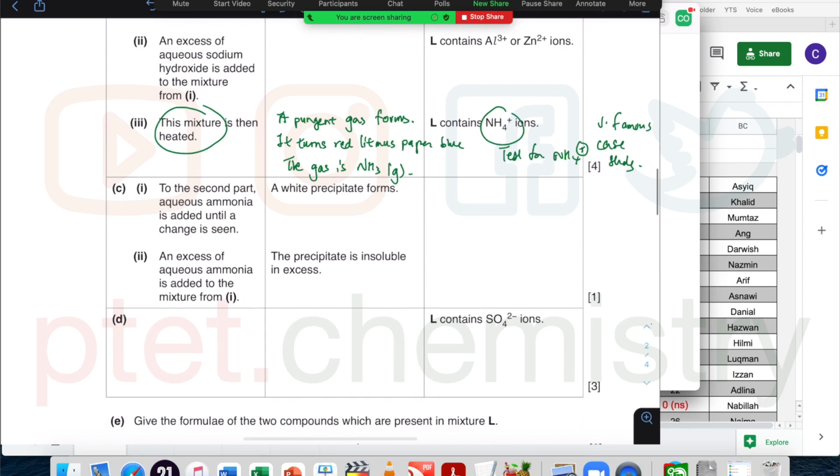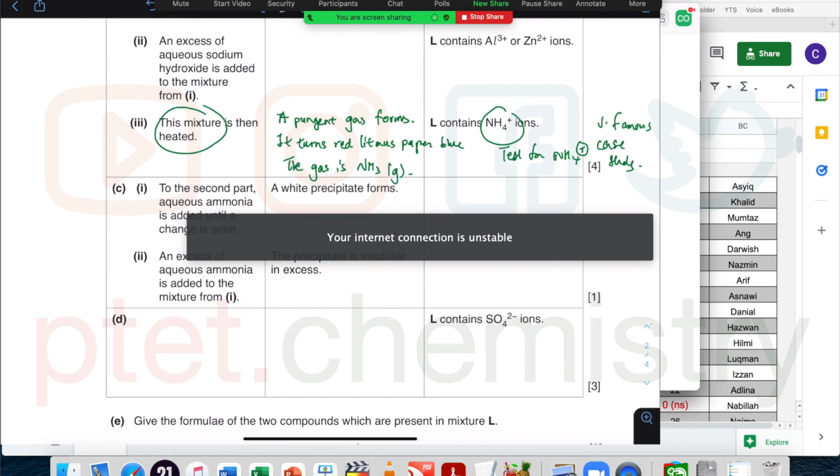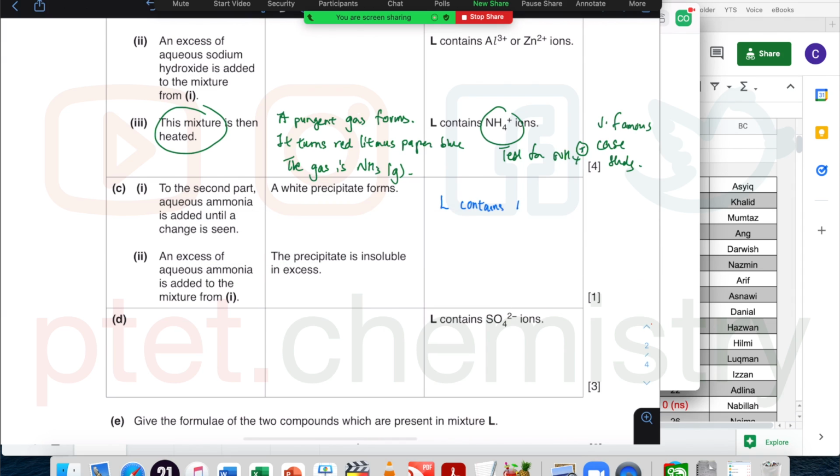Some students say here, so L contains Al3 plus or Zn2 plus ion, so there's not a problem. Now, this precipitate is insoluble in excess. I have seen this. What did people write?